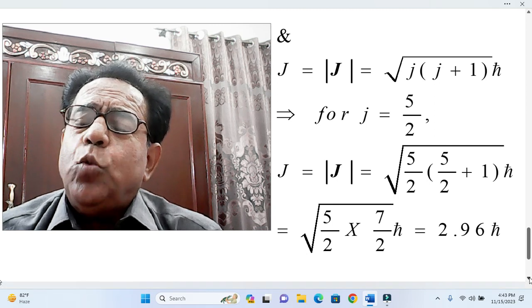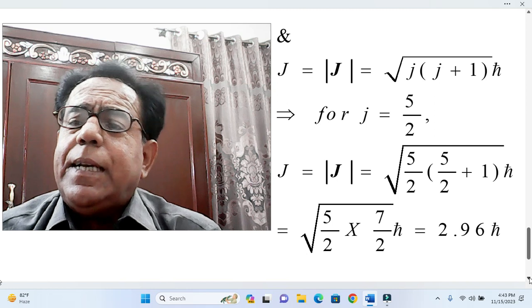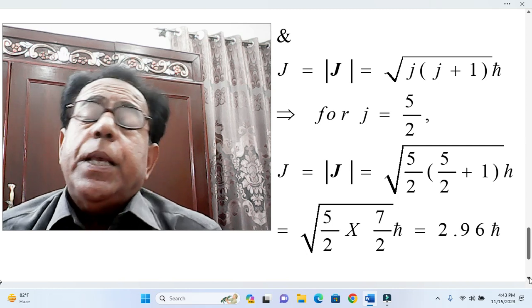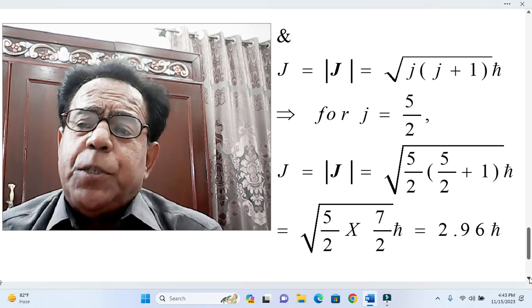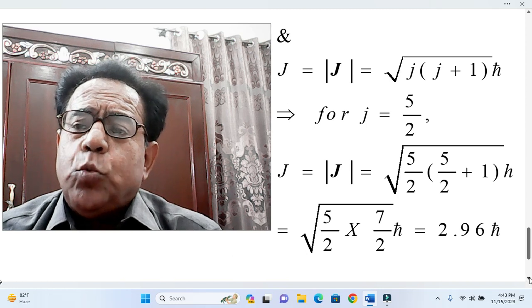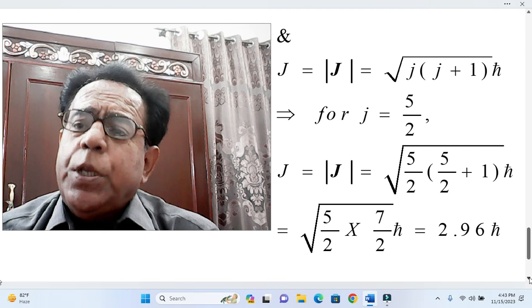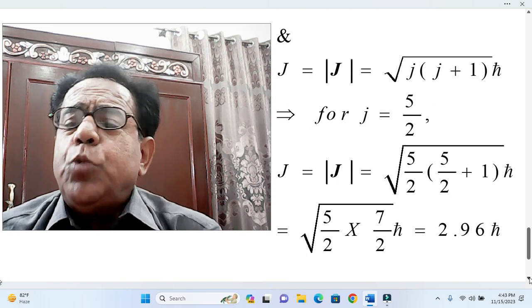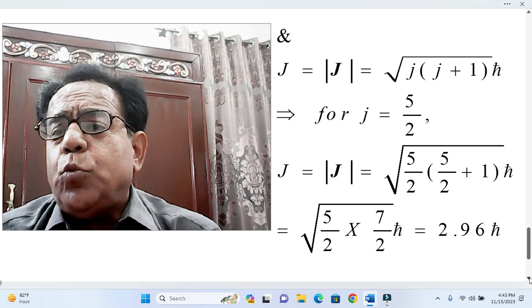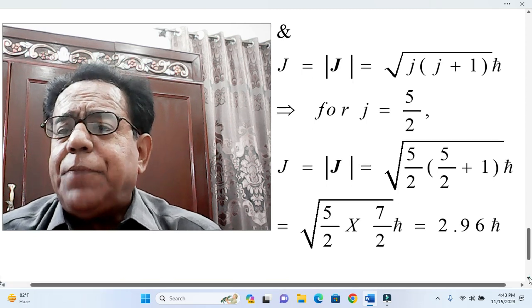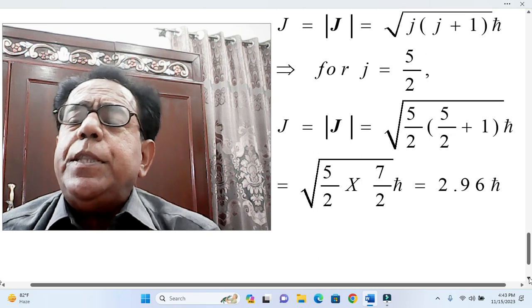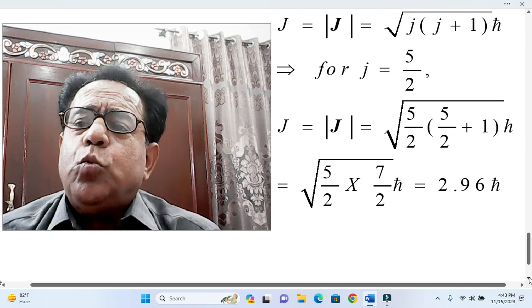Now we are going to take into consideration the other value of small j. In the previous part of this problem we calculated two values of small j, that is 3/2 and 5/2. We have used the value 3/2 and now we are utilizing the value j equal to 5/2.